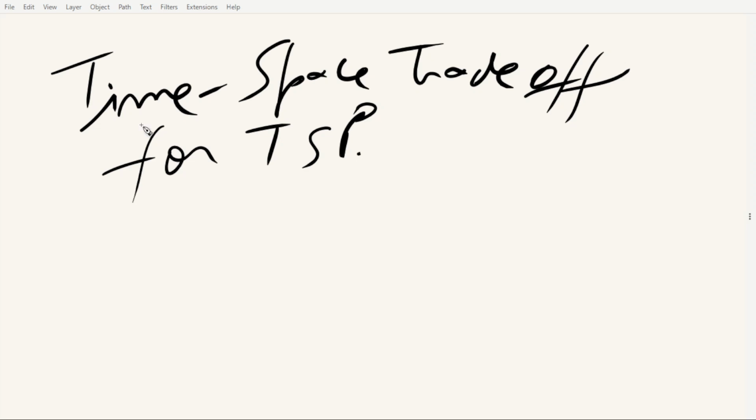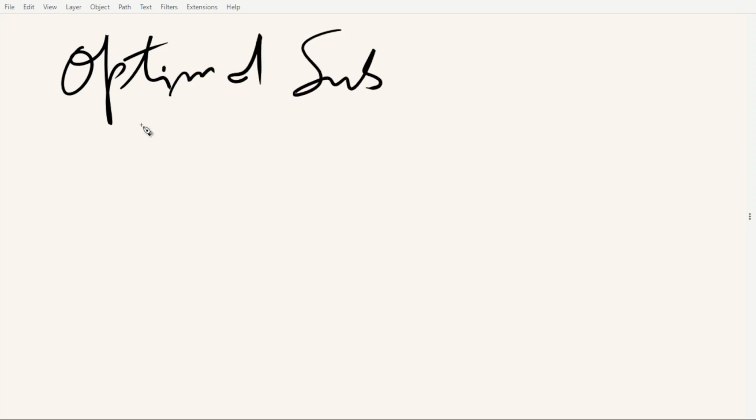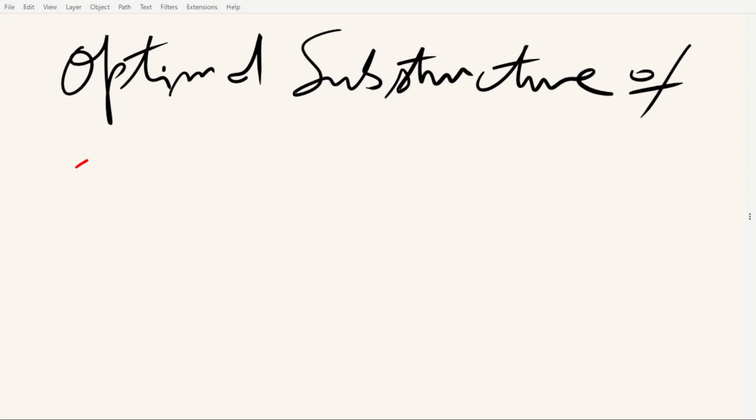So first we'll determine the optimal substructure of TSP.